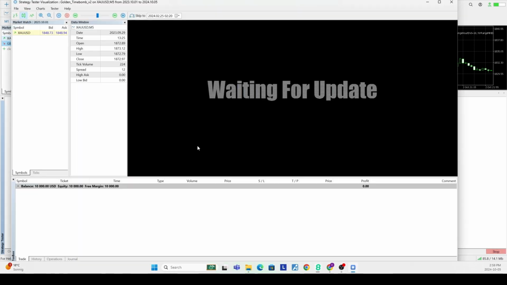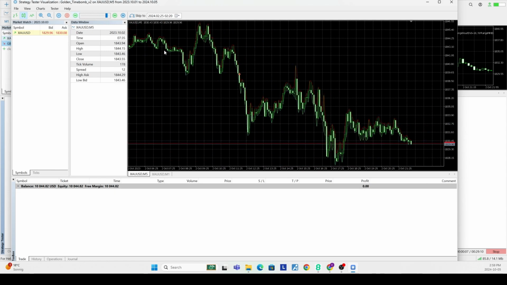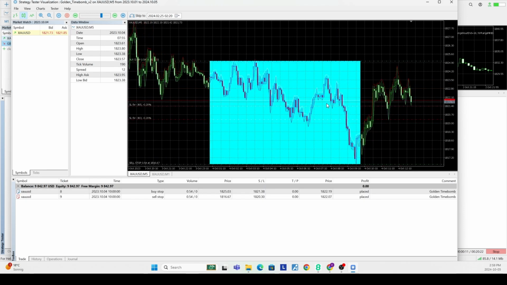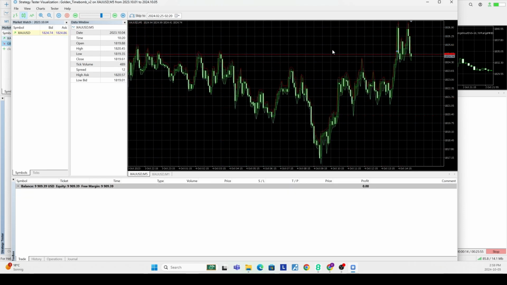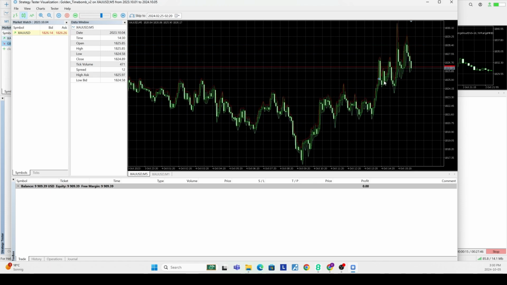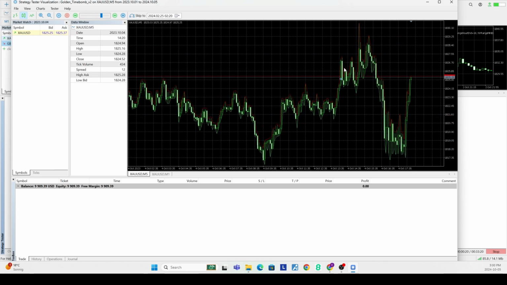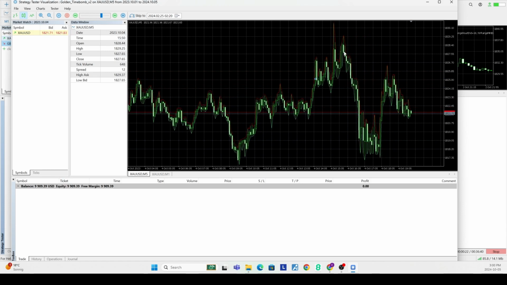And now I will start the visual backtest here just to give us an idea of what to expect. As you can see here, it's forming the range. Let me slow it down a little bit so we can monitor. You can see it formed the Asian range. It placed the pending order. It entered long, and I'm almost certain it would have taken a profit up here.